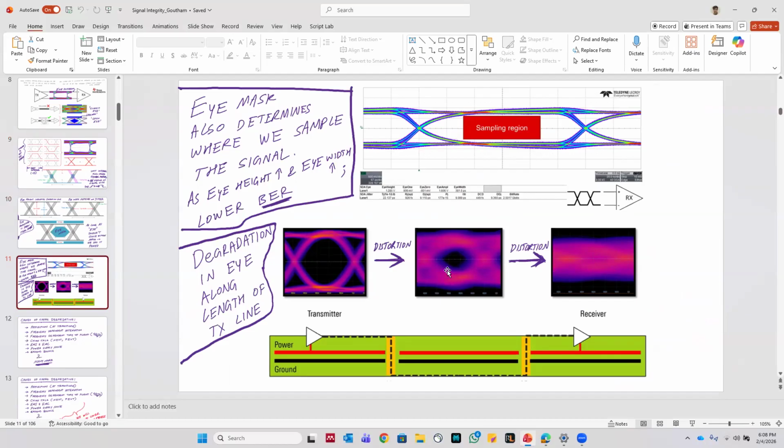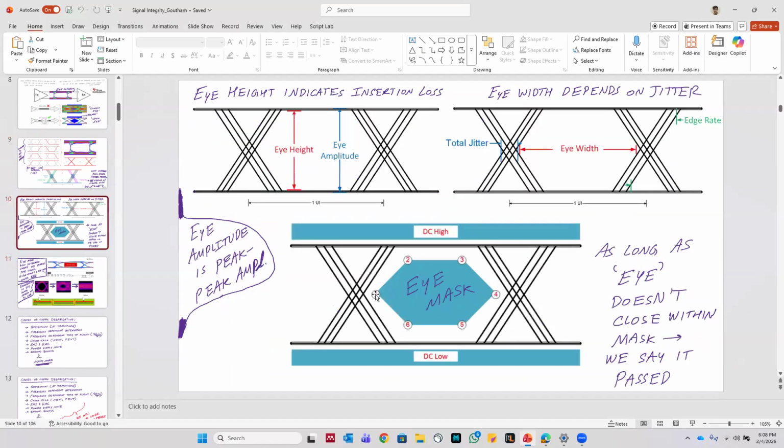And usually you define a threshold, something called an eye mask. As long as the eye opening is larger than the eye mask, you say that signal integrity is satisfied, which means you can sample the signal accurately at the receiver side, minimizing bit errors. But if it's within the eye mask, then the ones and zeros get jumbled together and you get too many bit errors. And then you say it has failed signal integrity.